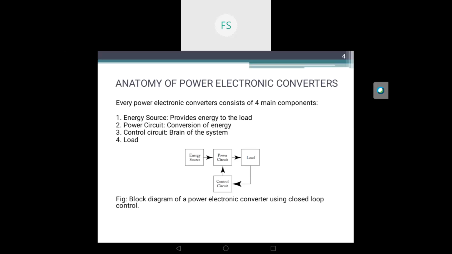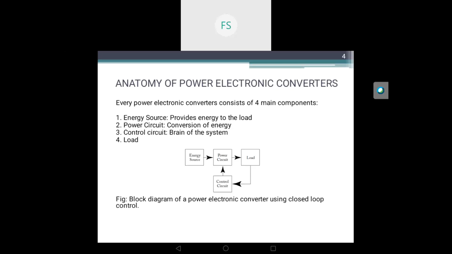All of you might know that the energy source provides energy to the load. Now, in most cases, there will be an intermediate block, the power circuit, between energy source and load, because sometimes it is not possible to connect the energy source directly to the load.